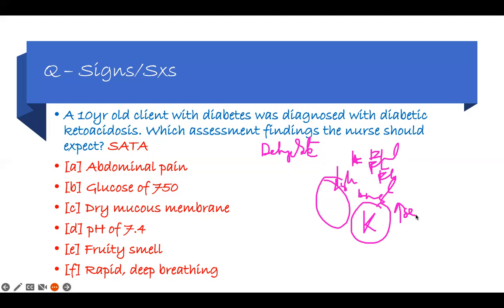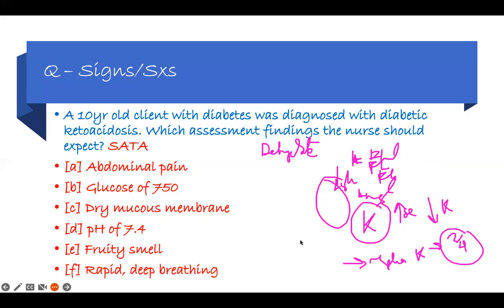But as soon as you give them insulin when you treat it, their potassium goes low. So for a diabetic patient, when they come in and you start treating them, you need to replace their potassium. Even though their potassium may be like 3.5 or 4, don't wait, because it's going to drop down and become profound hypokalemia.